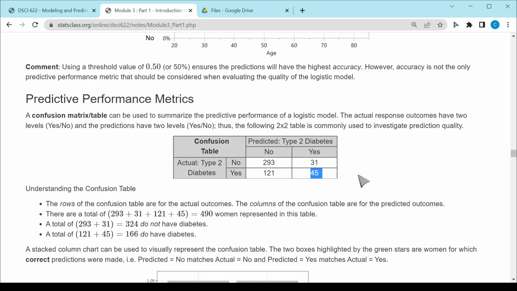That's doing okay. However, let's look at this cell. My model said they do not have diabetes, but they actually do have diabetes. Those are mistakes, and there are a lot of them here: 121 women. For 121 women out of the 490 in my data set, my model said they did not have diabetes, but they actually did.